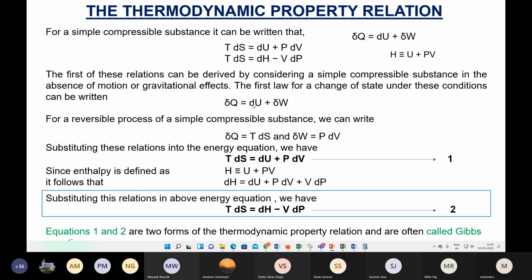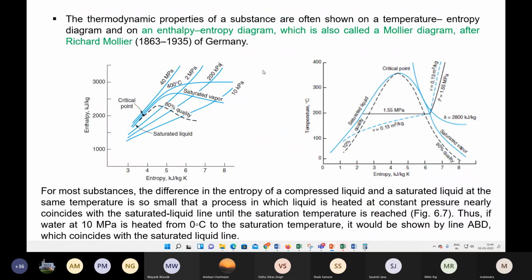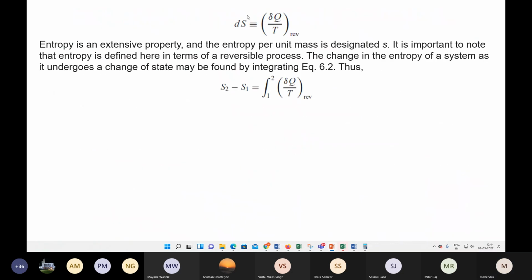Now we have defined another property, entropy, equal to dq by T. That means wherever dq is there, you can simply put T ds, the change in entropy multiplied by temperature.